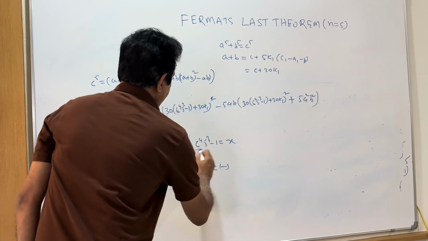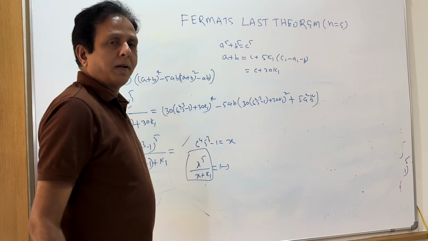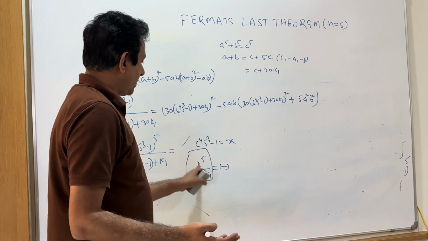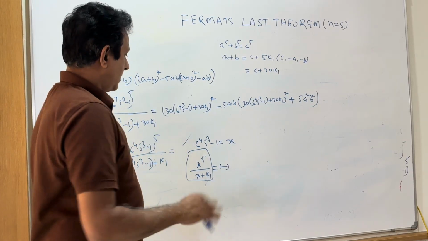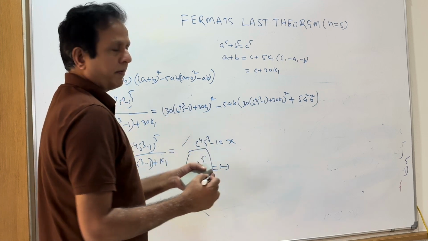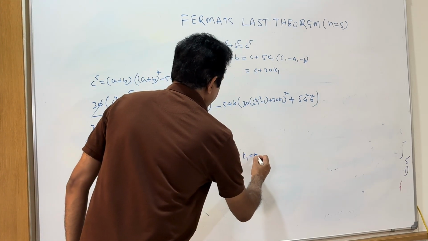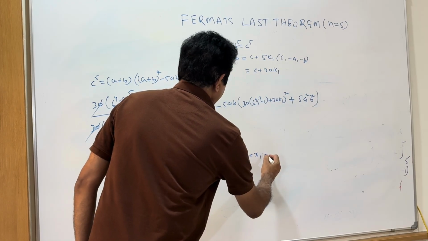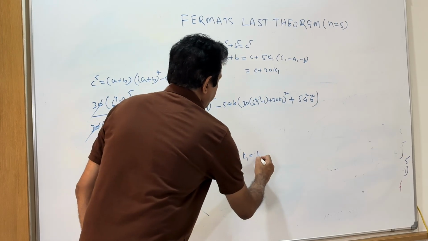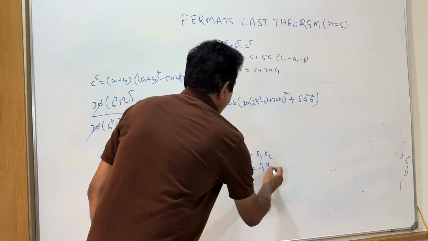This is an integer. So when x power 5 by x plus K1 is an integer, then K1 should have a common factor, just like in previous videos. So we will assume that K1 and x also have some common factor. Let us take K1 equal to P1 into K2 and x equal to P1 into x1.